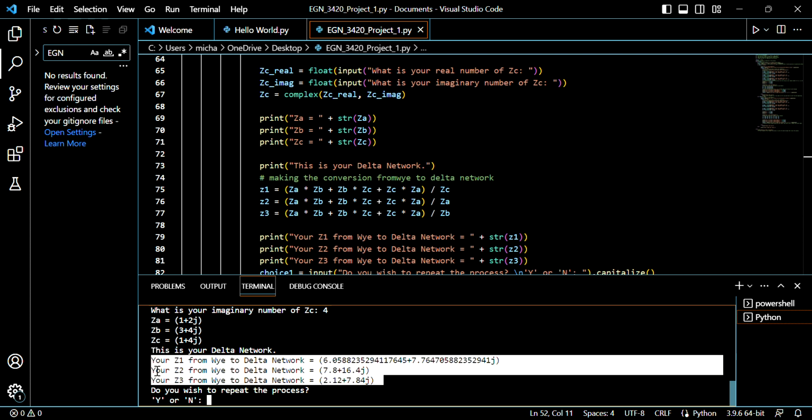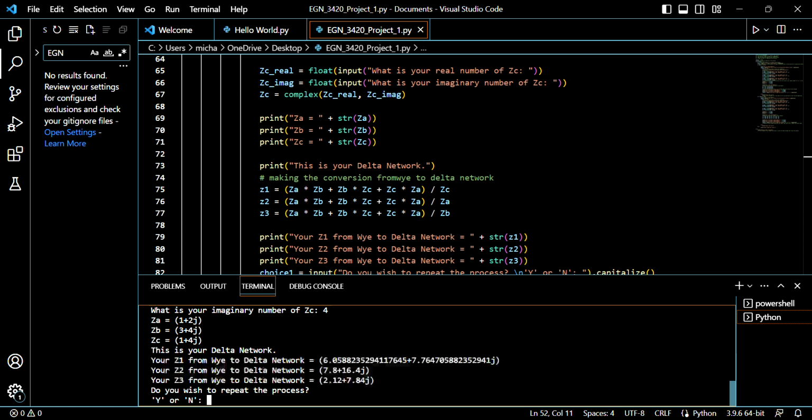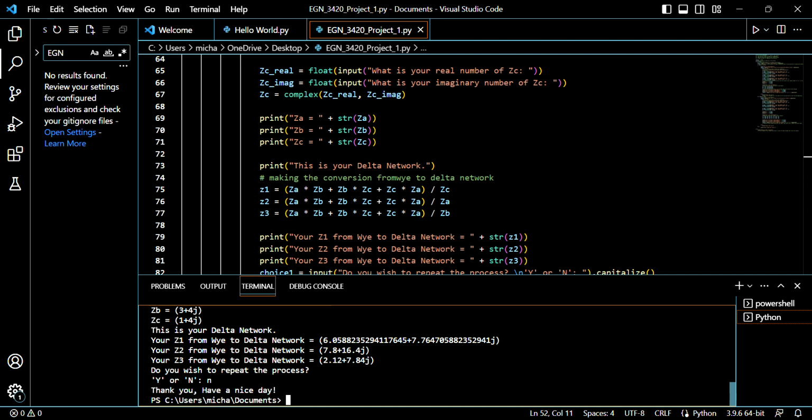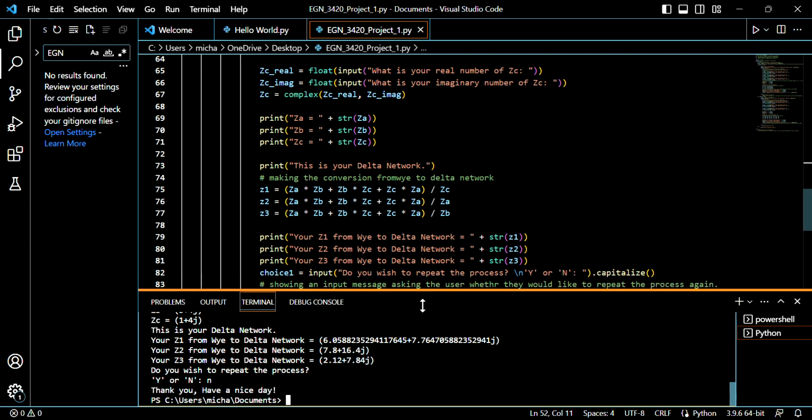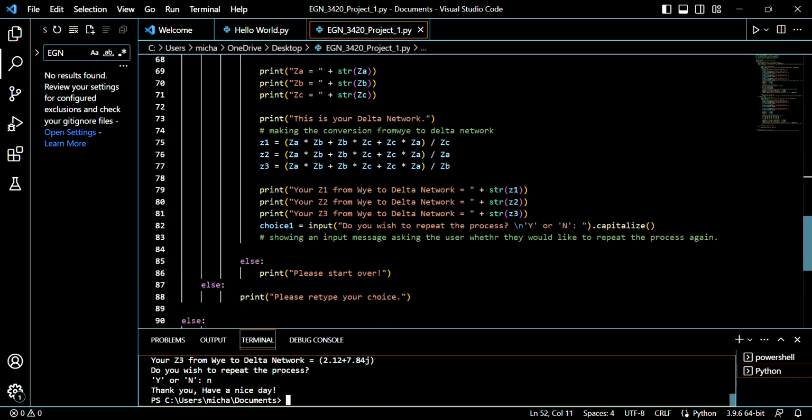And down here would be it converting to the delta network. And I had an option here, do you wish to repeat the process. If I say no, thank you, have a nice day, and then it'll clear out the program.